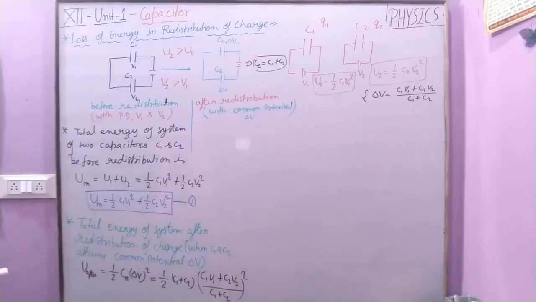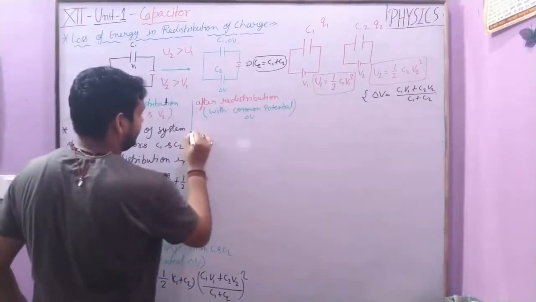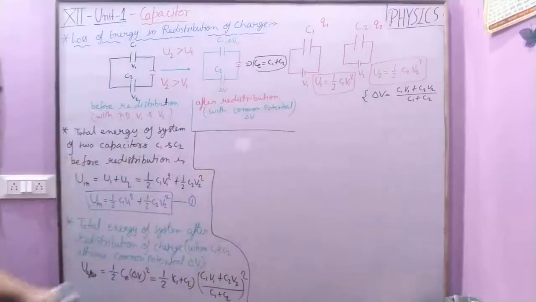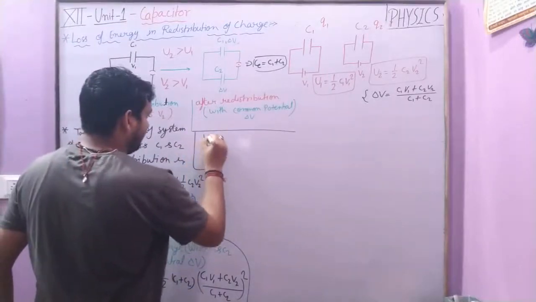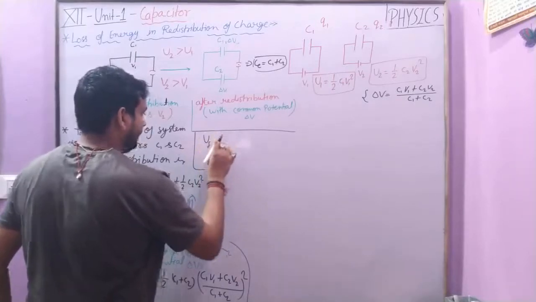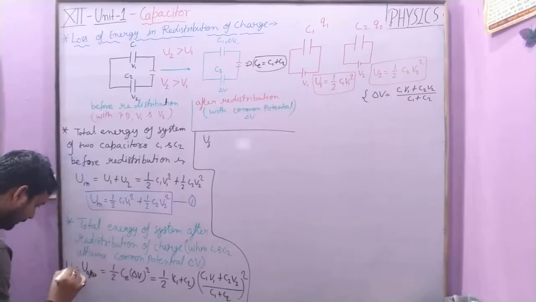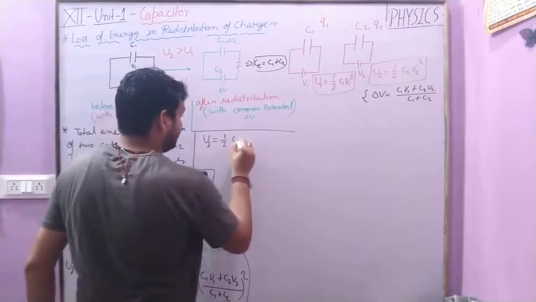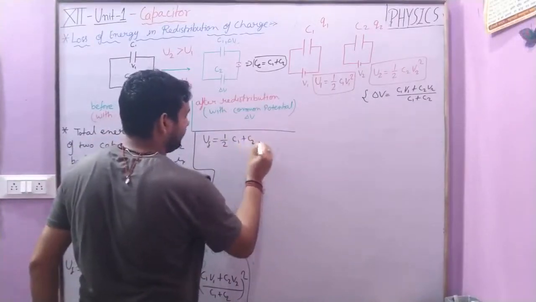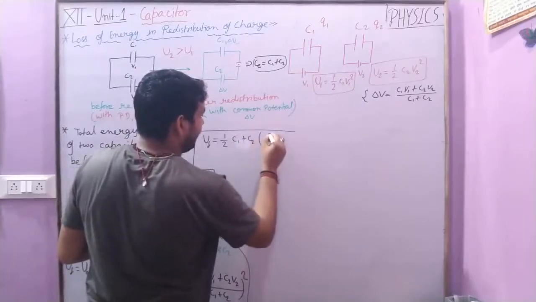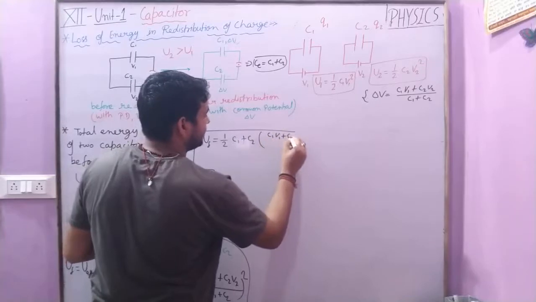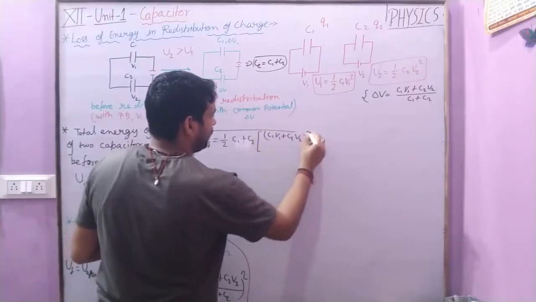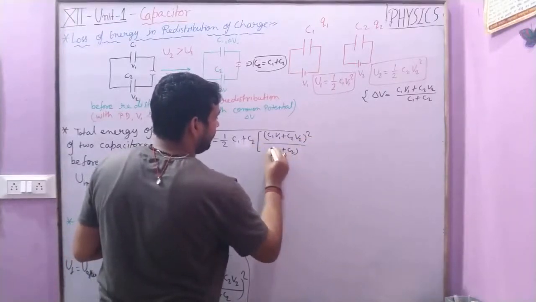Okay, therefore by solving this we get the final energy: U final will become half C1 plus C2 and in bracket C1 V1 plus C2 V2 whole square upon C1 plus C2 whole square.